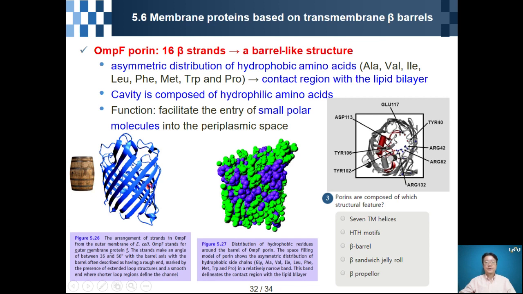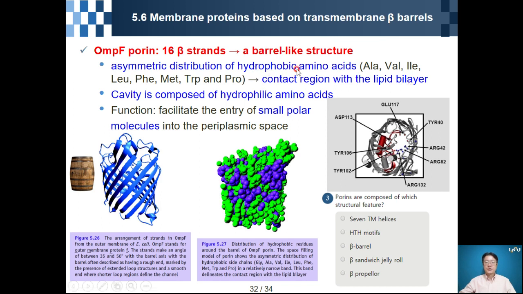Because this region is the membrane region, they exhibit an asymmetric distribution of hydrophobic amino acids. This is the hydrophobic amino acid region, the contact region with the lipid bilayer in the membrane.